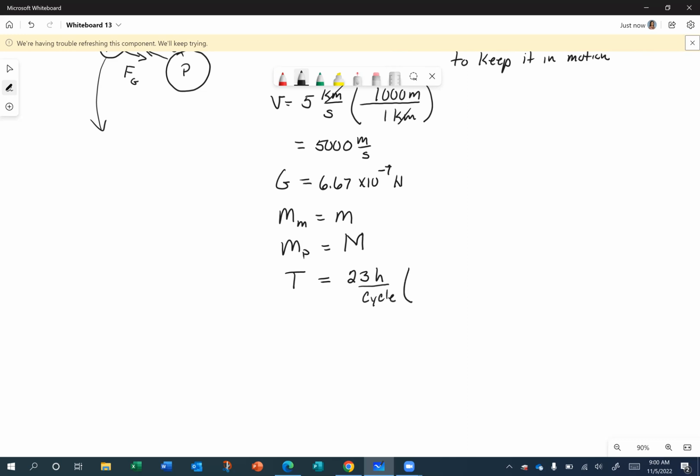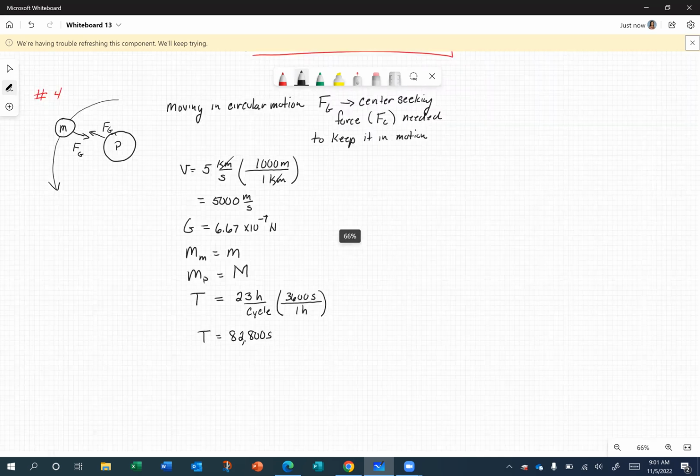Again, we're going to change that to seconds. There are 3,600 seconds in 1 hour. The period of this revolution is 82,800 seconds. Okay. All right, so that's everything that we know given the problem, right?